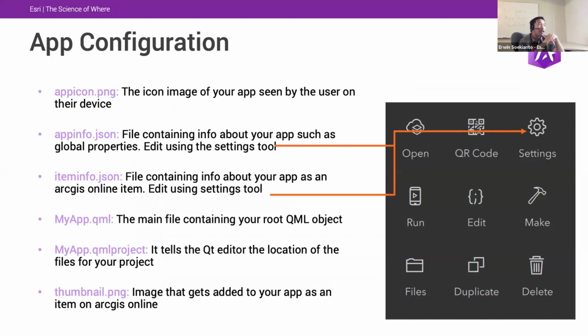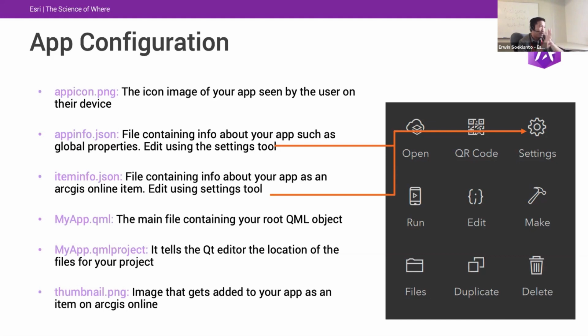And there's also another file called iteminfo.json. That is the information on the app as an ArcGIS Online or ArcGIS Enterprise item. We store, for example, the item ID, who the owner of the app is, when it was updated, and all of the sharing information. And these six files are the bare bones of an AppStudio app.